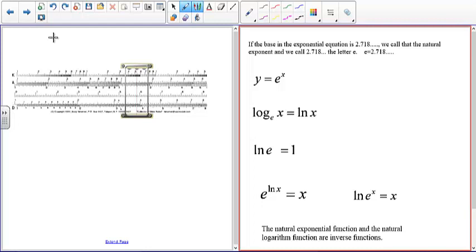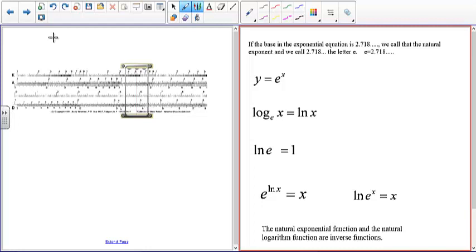Usually we drop the natural part, especially when we're dealing with the exponential. We just say e to something. So we would say y equals e to the x. We wouldn't say y equals the natural exponential to the x power. We just say y equals e to the x.